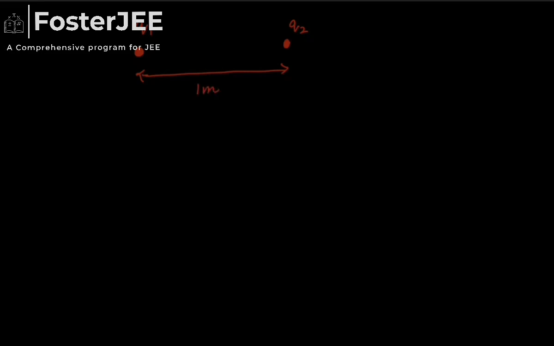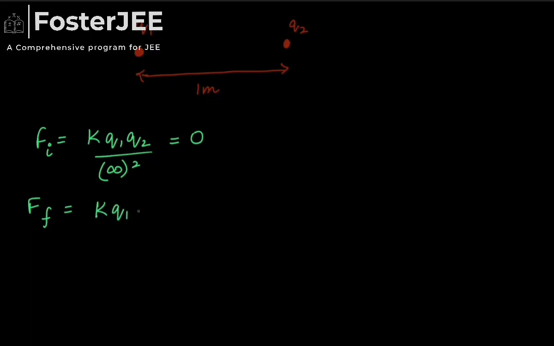My question is, why only when it comes closer? Suppose initially the distance was very large, suppose that was infinity. So in that case the force will be k q1 q2 upon infinity square, and anything divided by infinity is 0. So initially force Fi is 0. Final force when it comes to 1 meter, in that case the force will be k q1 q2 upon 1 square, which is non-zero.